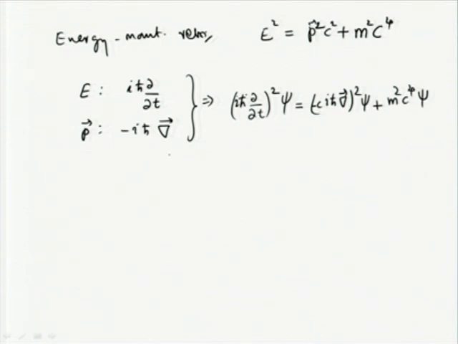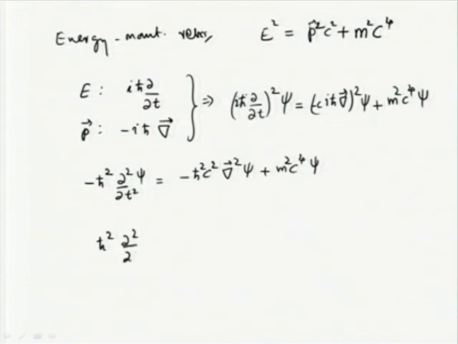Or in other words, we can just square this and then you will get minus h cross square dou square by dou t square psi equal to minus h cross square c square del square psi plus m square c 4 psi, or I can write it as h cross square dou square by dou t square plus minus h cross square c square grad square plus m square c 4, as the operator acting on psi equal to 0.